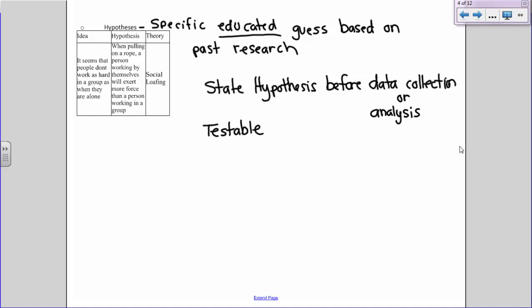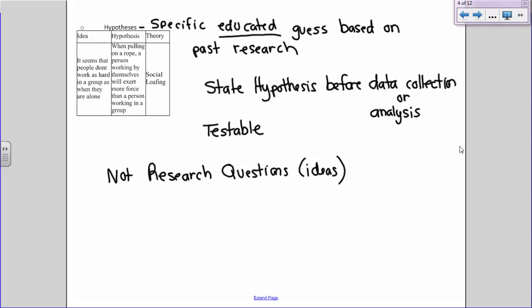Okay, now it's important to note what hypotheses are not. Hypotheses are not the same as research questions or ideas. A research question is a question about an observation, but it's not specific, right?